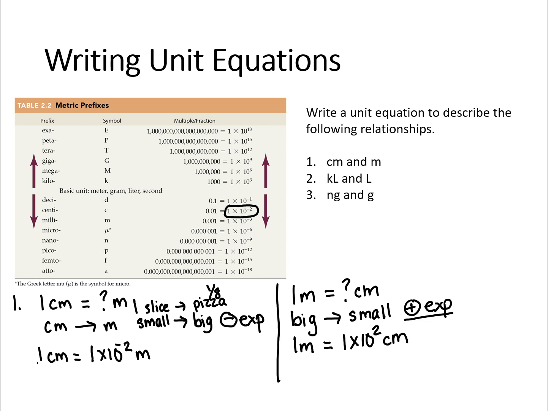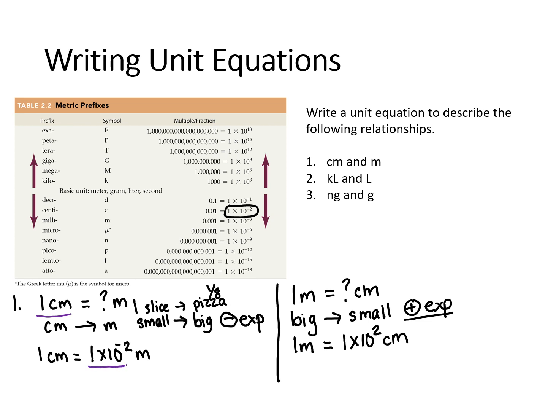For the other example, we had 1 centimeter, which is small. So if we take a small centimeter and we want to figure out how many meters that is, then that's going to be a number that's less than 1, because 1 centimeter is not a whole meter.